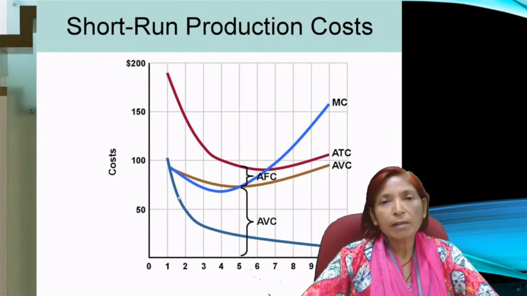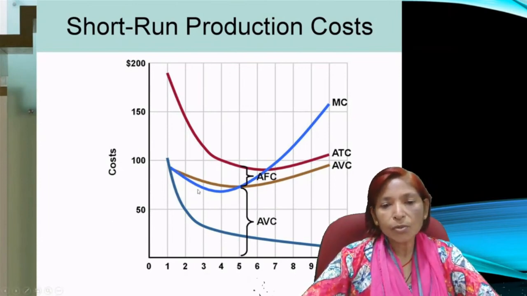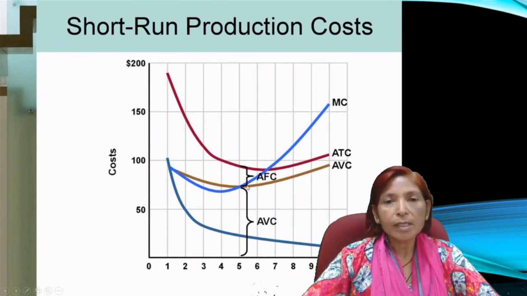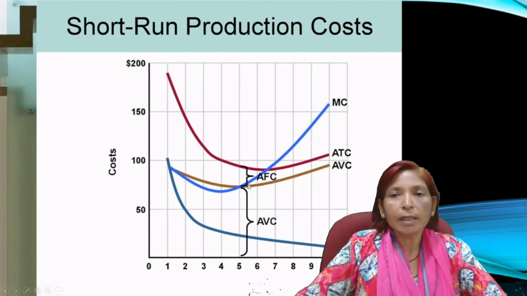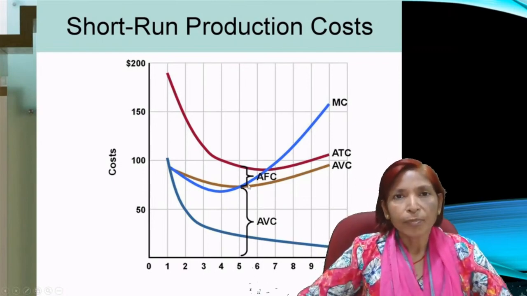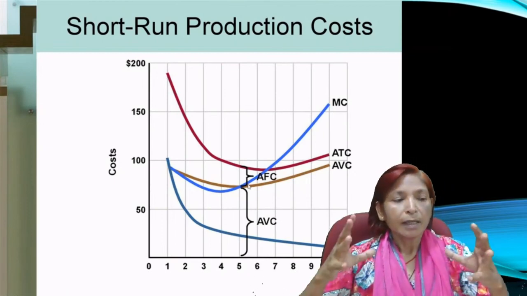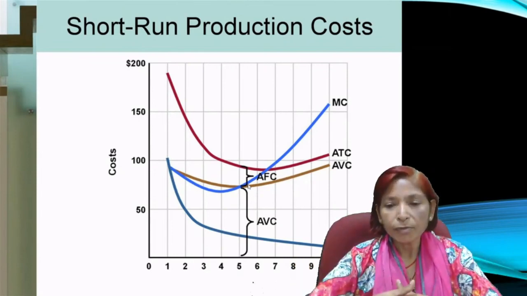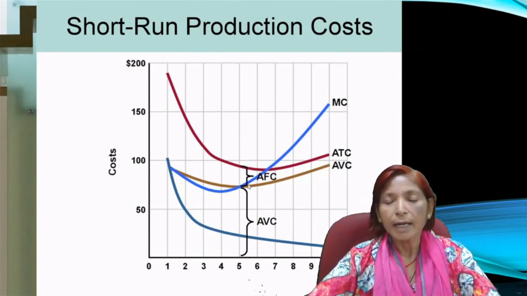MC in the beginning is falling, after that MC starts rising. So the MC curve is also U-shaped, and it intersects AC and AVC at their lowest point. So this is the relationship between short-run cost curves. In short-run cost curves, we explain this relationship with the help of AFC, AVC, ATC, and MC.